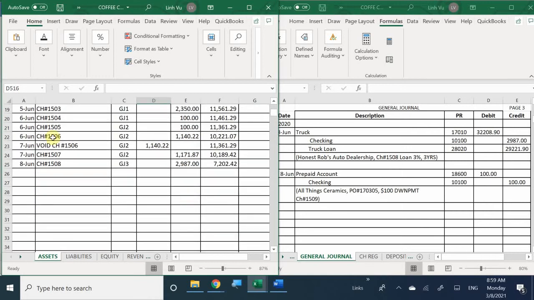Again, June 8th, we wrote check number 1509, general journal number 3, and we wrote a check out for another $100. So my ending balance is now $7,102.42. We're getting really low in our bank account.